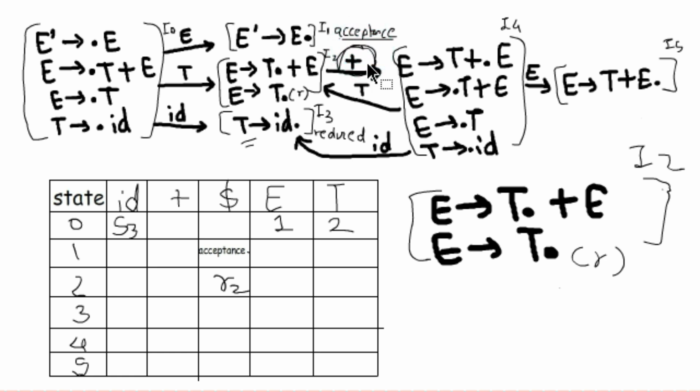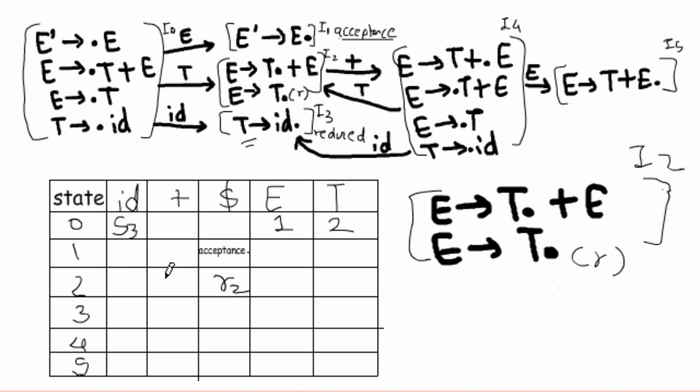So the item from state 2 goes to item number 4 with the plus symbol. So below the plus symbol, you have to write 4 because it goes to fourth number.